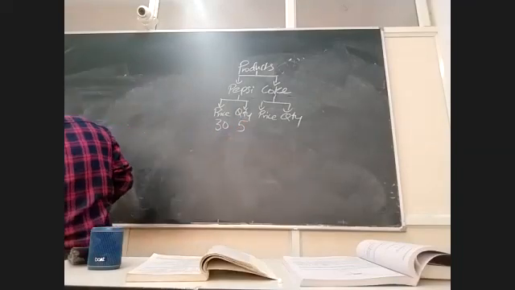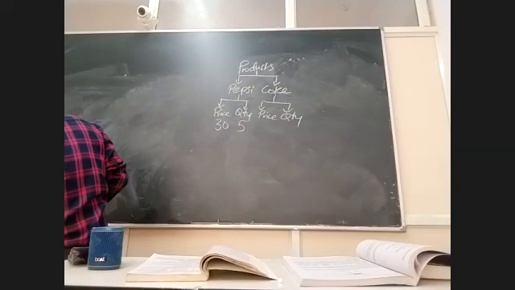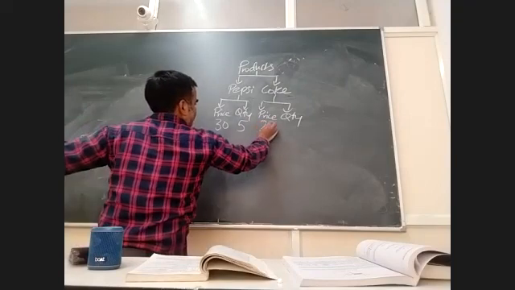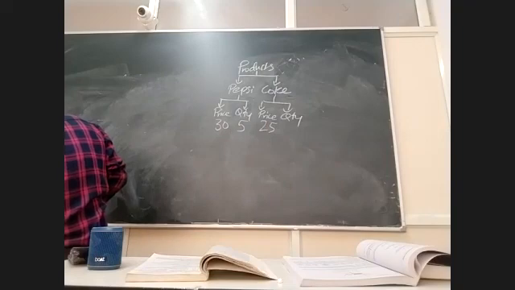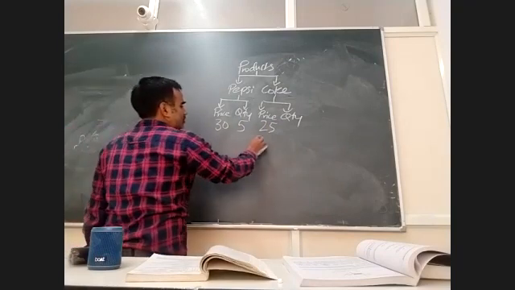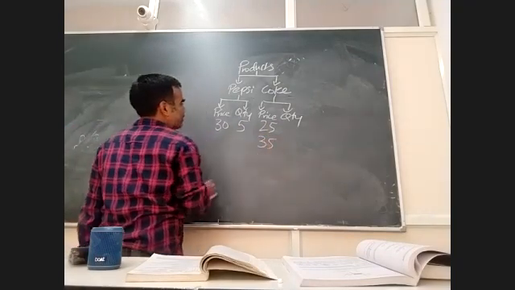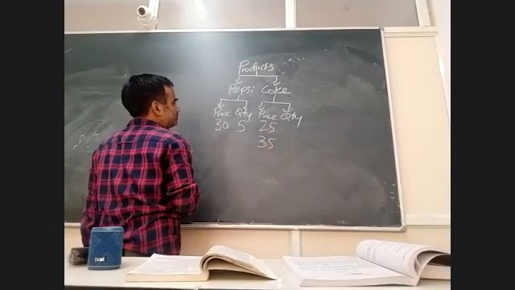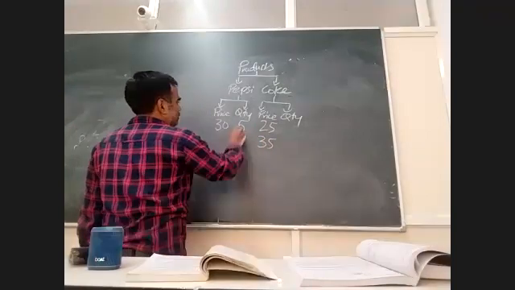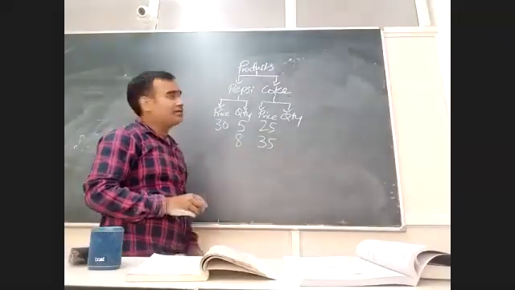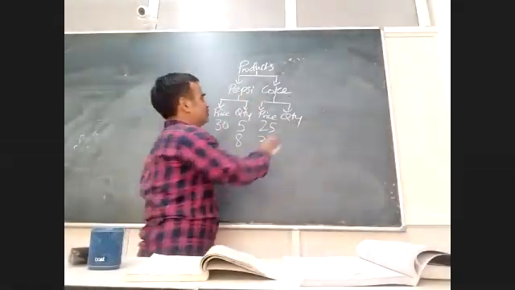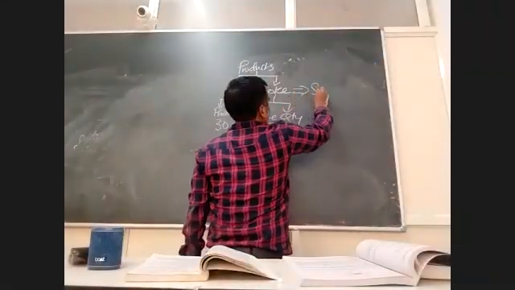The price falls from 25 to 35. So quantity. Now see students, again Pepsi and Coke are what? Substitute goods. Pepsi and Coke, they are substitute goods.